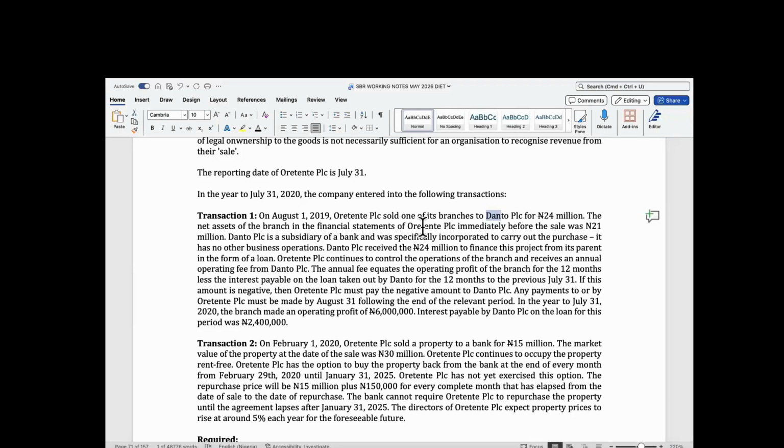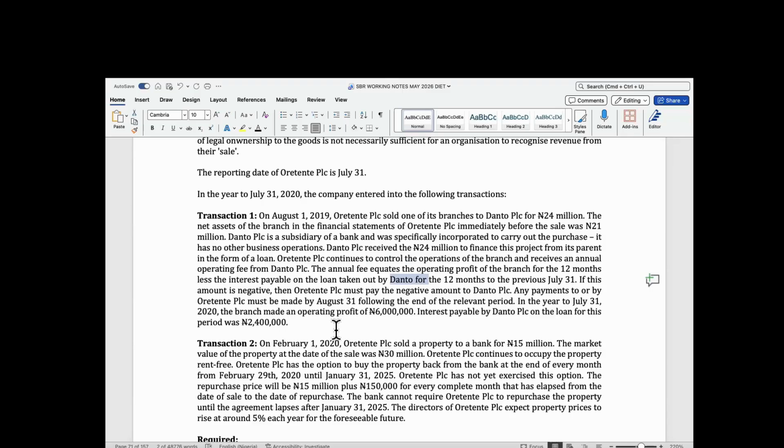Okay. So, you say you have sold, but Oriente still controls the operations of the branch. Danto now pays it a fee, less the interest payable on the loan taken out by Danto.